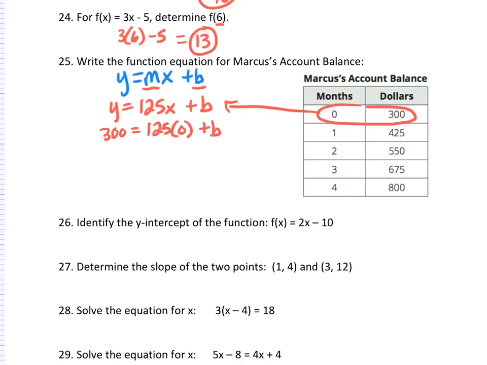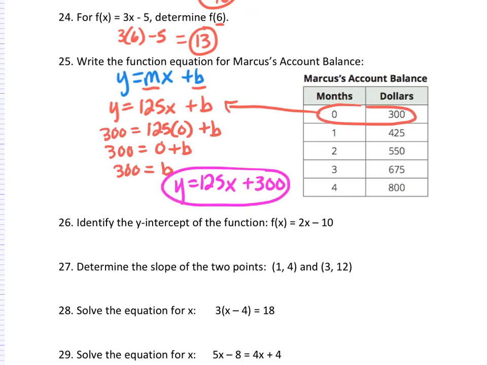Now I can solve this and get my y-intercept. 125 times 0 is 0. So what I have is 0 plus b, and 0 plus b is b. So it looks like my y-intercept is the number 300. And now that I have my slope, 125, and my y-intercept of 300, I can write my equation, and it's in purple.